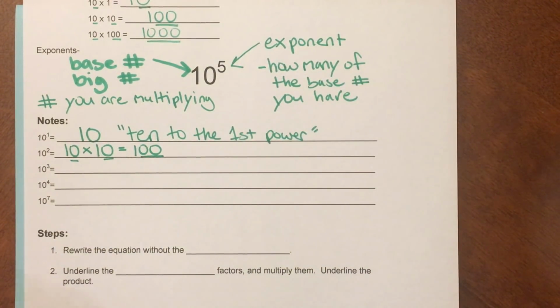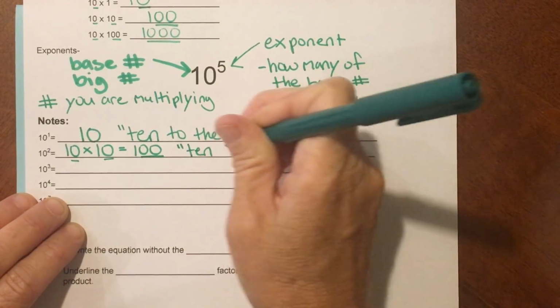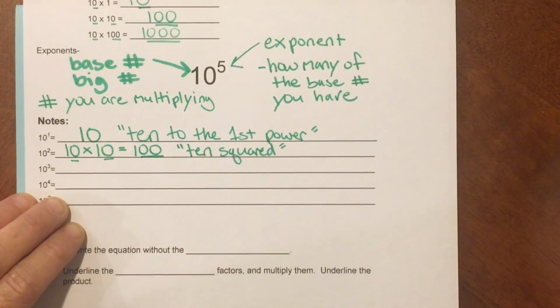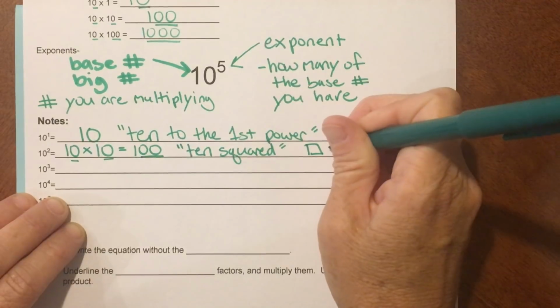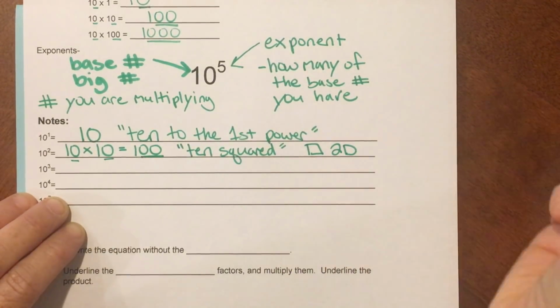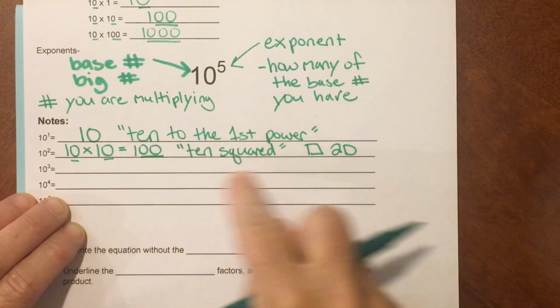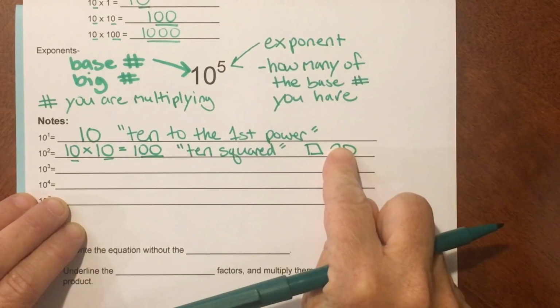Now this one we read a little differently. We actually read this one as 10 squared. Now you learned about shapes last year. A square is a 2D or two-dimensional shape. So I always think of the 2 as a 2-dimensional shape, which is a square.